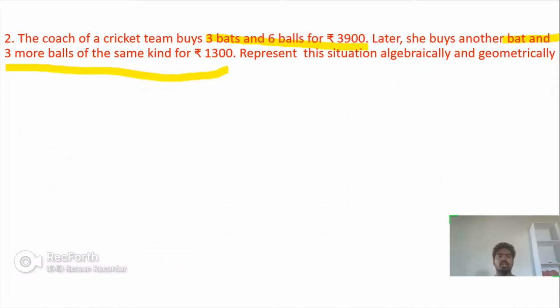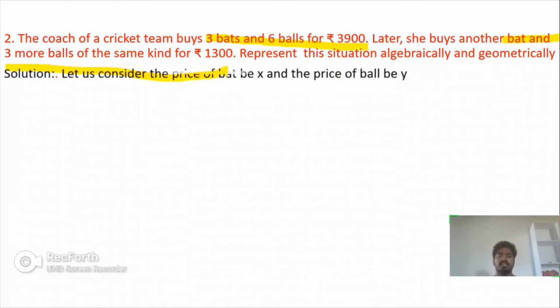Okay. So let us consider the price of a bat to be X and the price of a ball to be Y. The first condition they have given is that they bought 3 bats and 6 balls for rupees 3900.